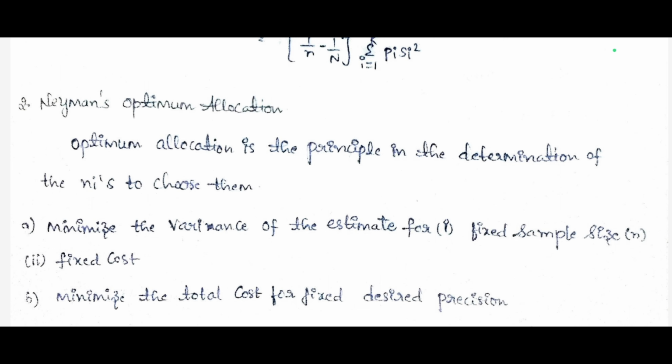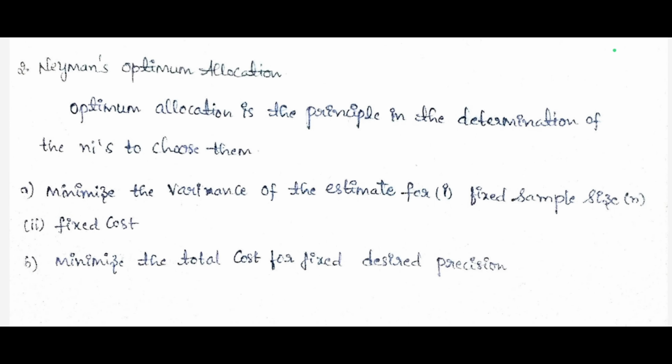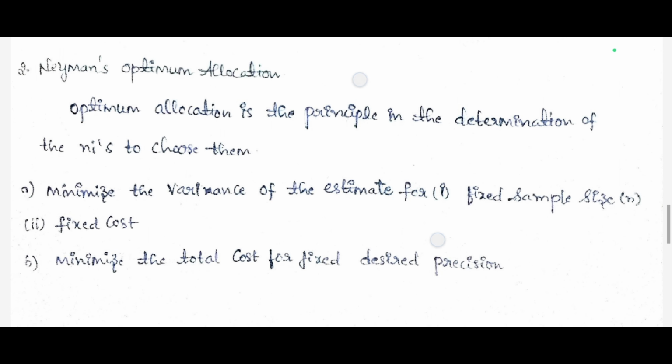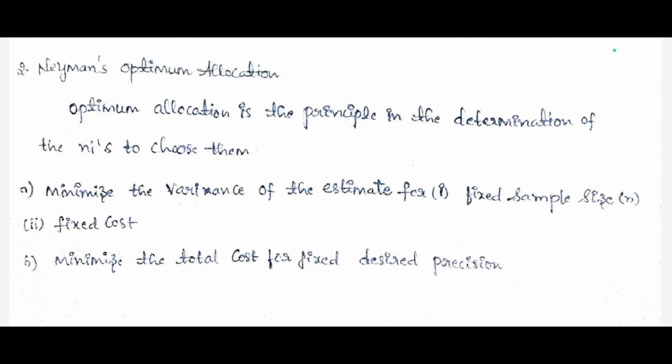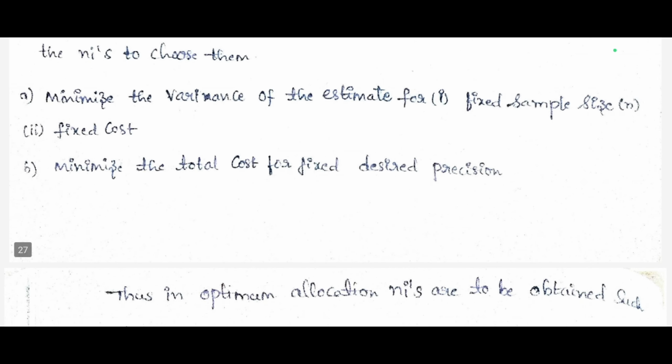After that, the next one is optimum allocation. Optimum allocation is the principle in the determination of ni's to choose them. First condition, minimize the variance of the estimate with the fixed sample size n and fixed cost. Minimize the total cost for fixed desired precision.